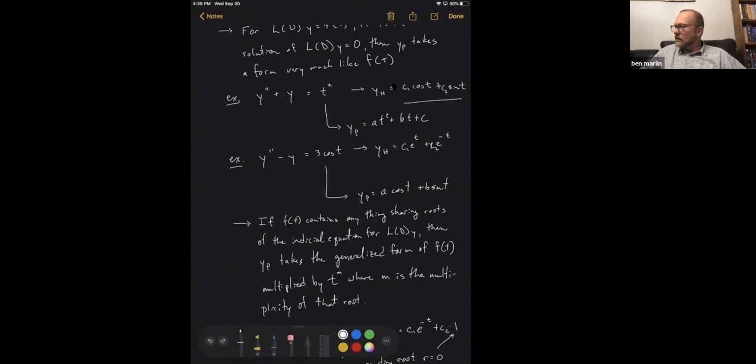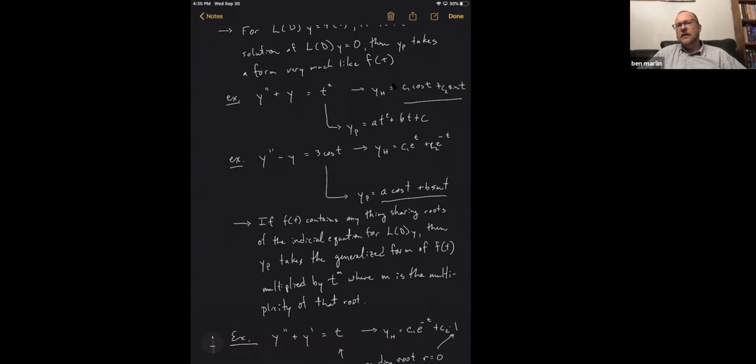So in trying to figure out what we want for our y sub p, we make the guess that we might want cosines and we might want sines, all right? But they need to have the same frequency, right?